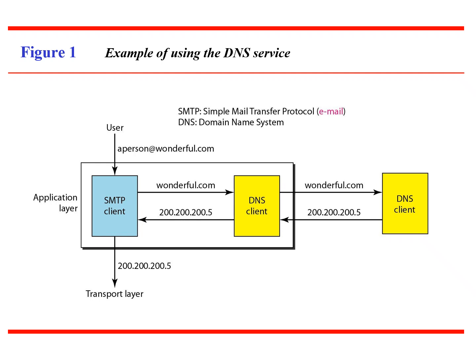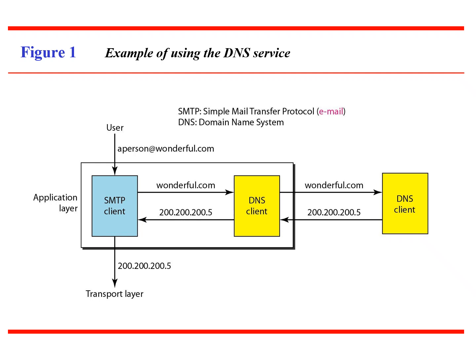First, at the application layer, this SMTP client wants to know the IP address of the wonderful.com server. This is the sending PC. The SMTP client sends a request to the DNS client asking to do the resolution.